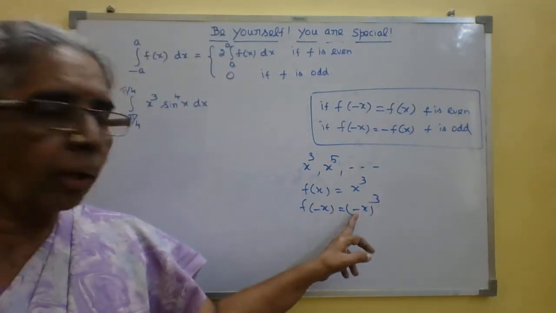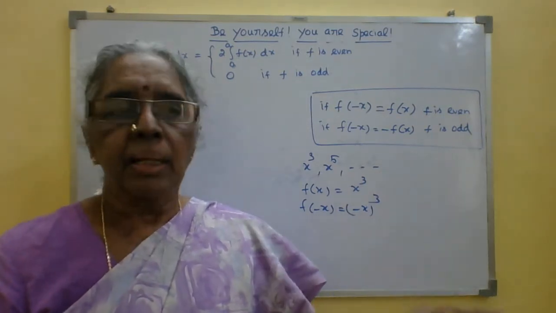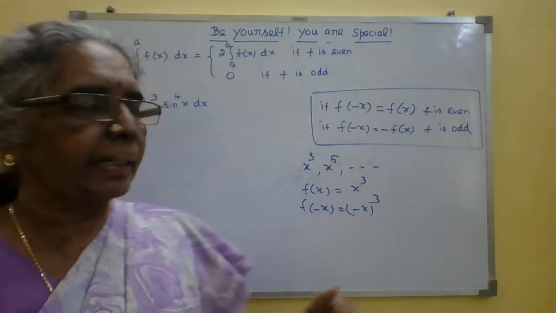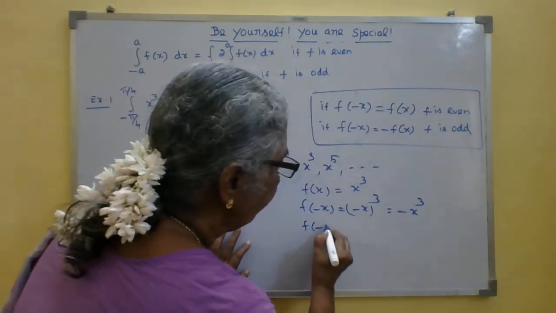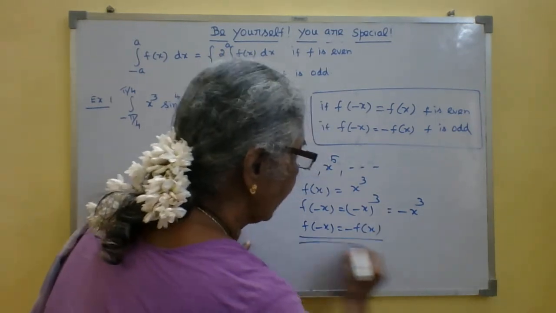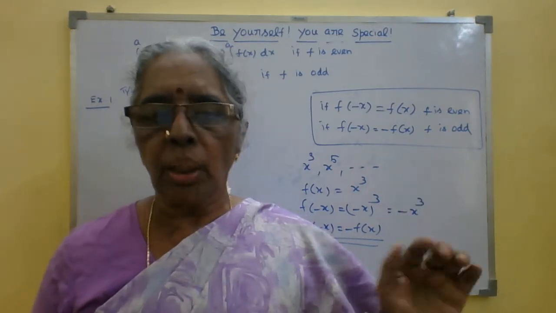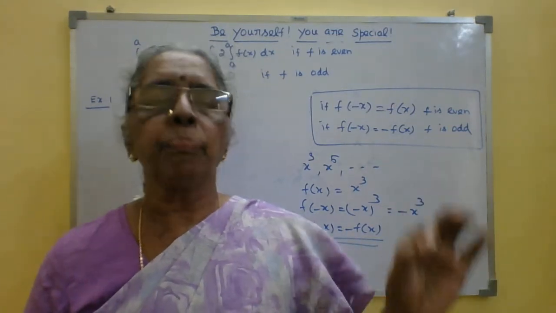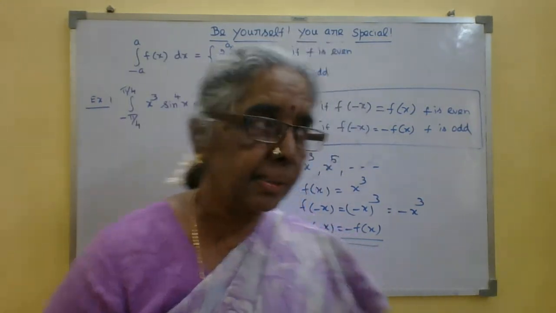Since the power is odd, the minus will stay minus. You know that, no? Minus into minus means plus, then if another minus, you will get a minus. So now you will get here minus x cube. So f(minus x) is equal to minus f(x). So x cube, x power 5, like this, where the power is odd, those functions are called odd functions. This is as far as algebraic functions are concerned.